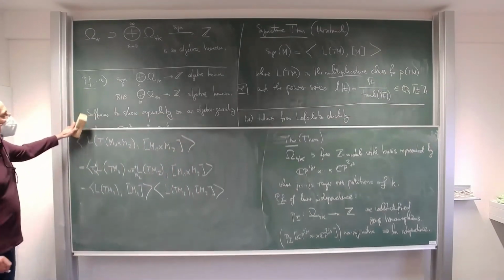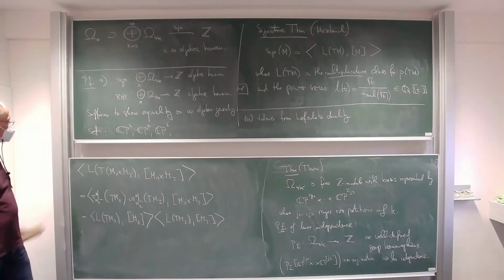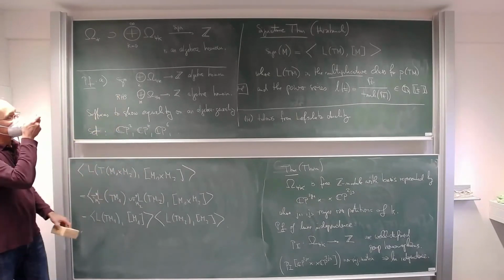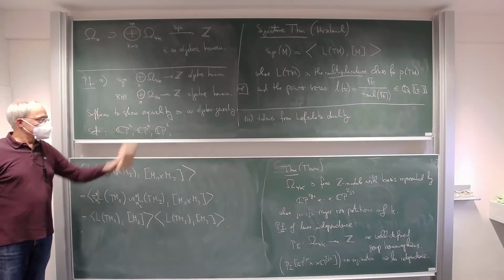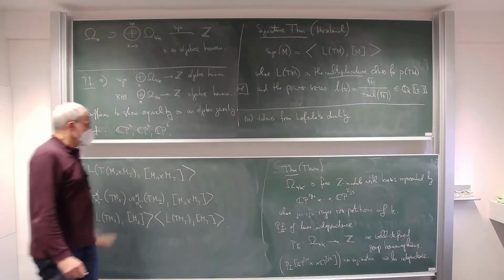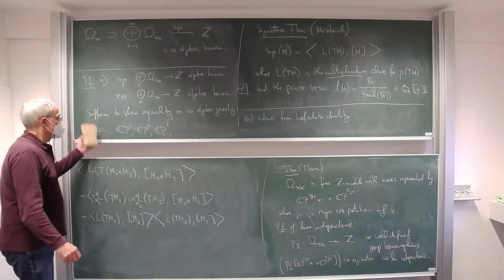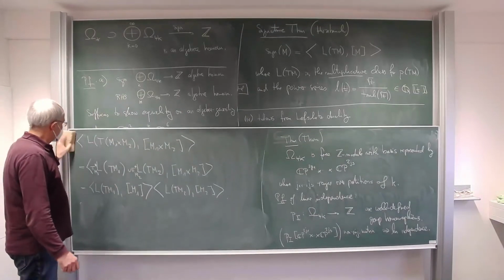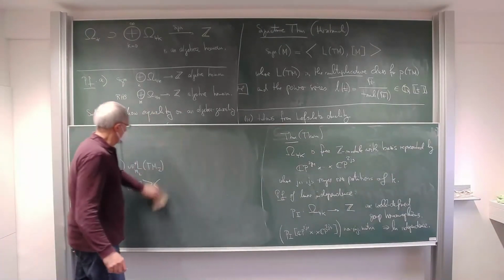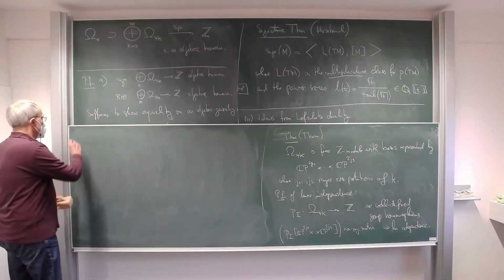Good. All right, so what we are now left to do is to check the formula in the signature theorem for these explicit manifolds, which is good because we know a lot about these manifolds. And so the first thing I do is to compute the signature.